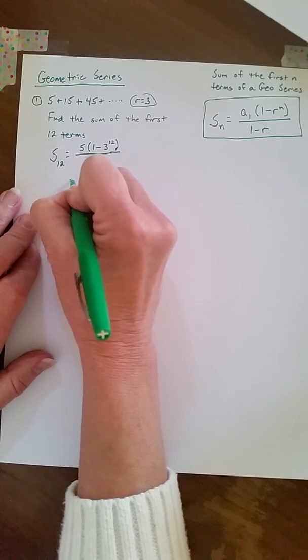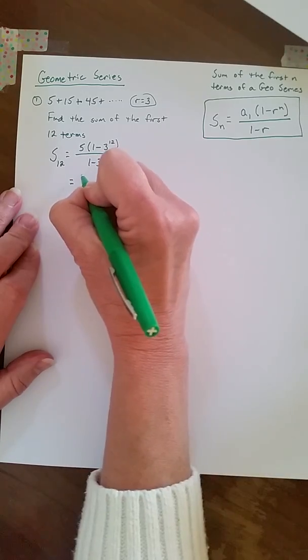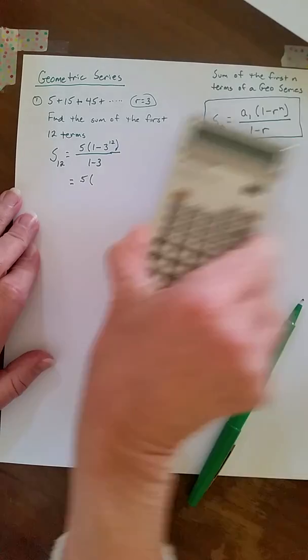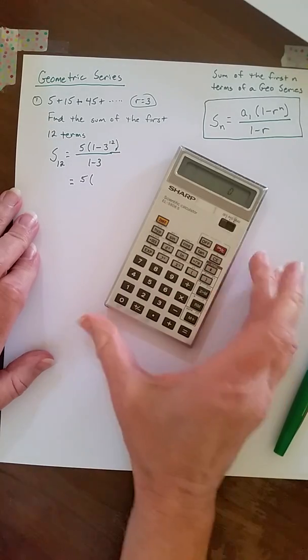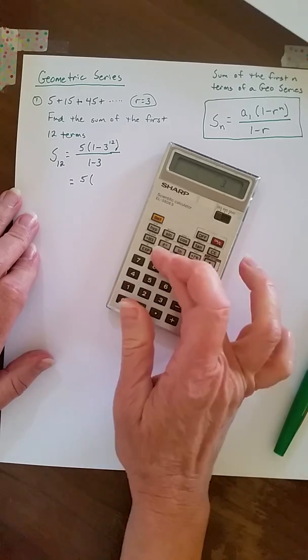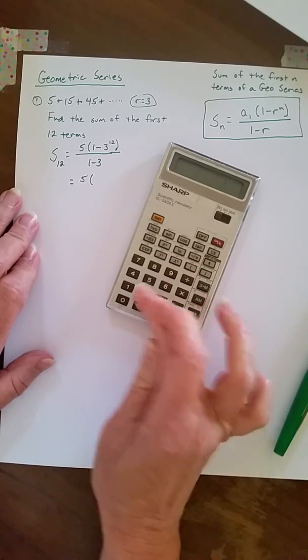Okay, now here's what's going to happen. We have 5 times 1 minus 3 to the 12th. Now that's probably going to be a pretty big number. You know what?